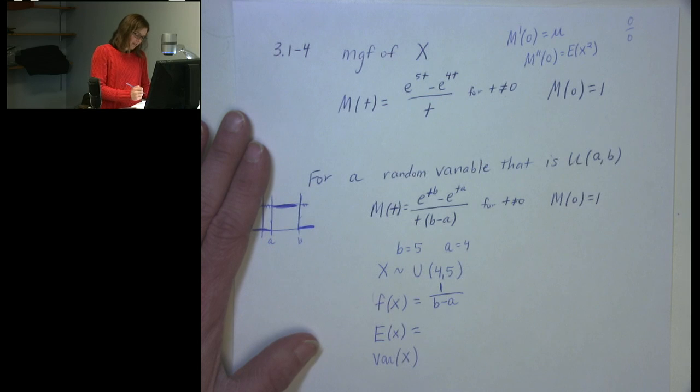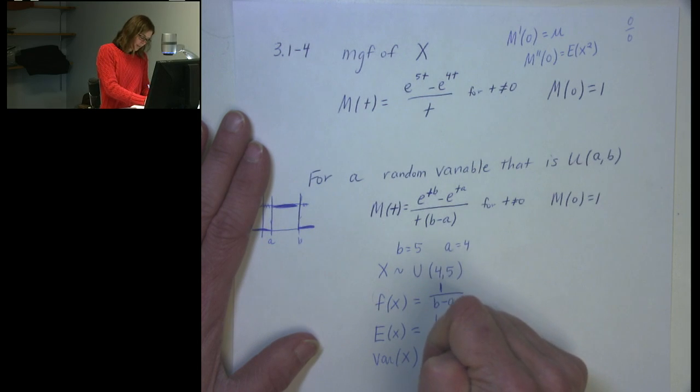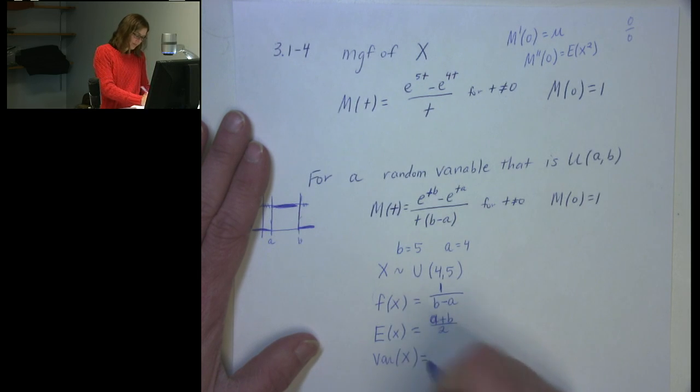The expected value is going to be the sum a plus b divided by 2. And the variance is going to be b minus a squared over 12.